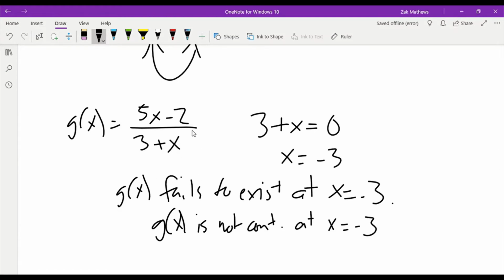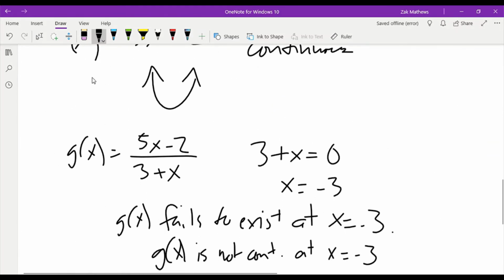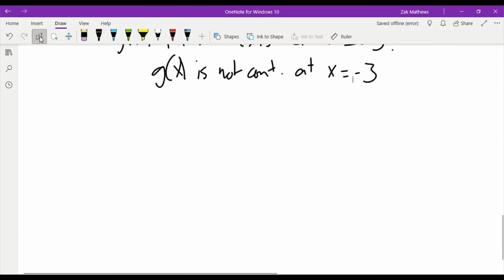Now, I've talked about when we're continuous at a point, but I haven't actually talked about what it means for a function to be continuous. So let's do that next. A function is continuous, not just at a point, but at the whole function. A function is continuous if it is continuous on its domain.